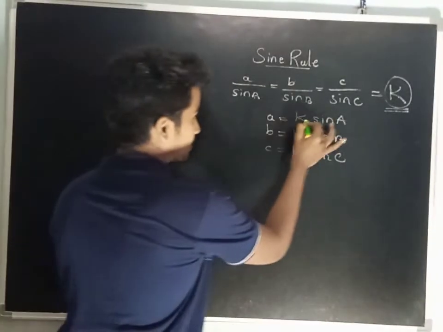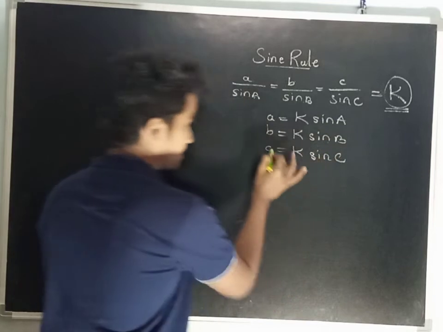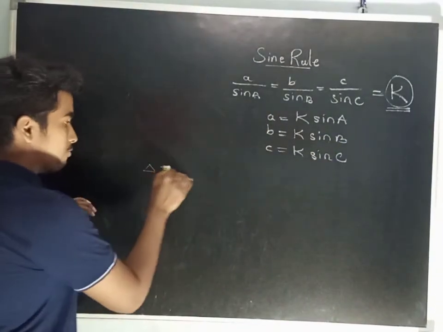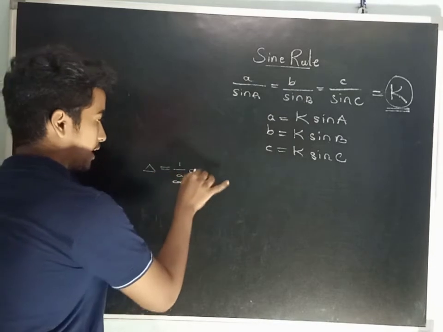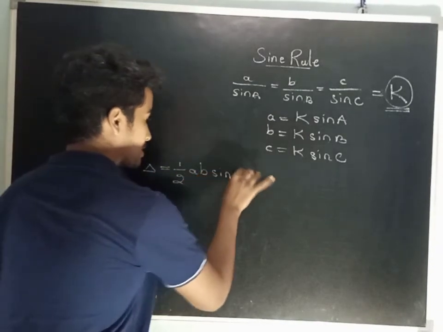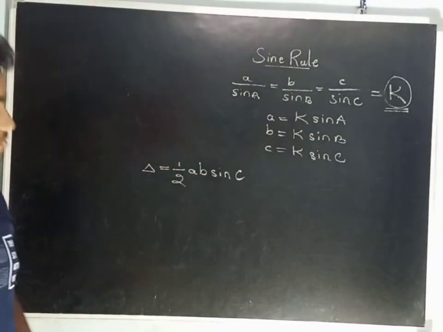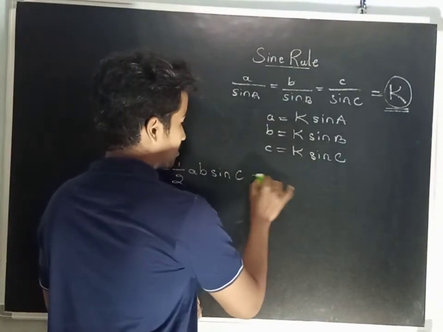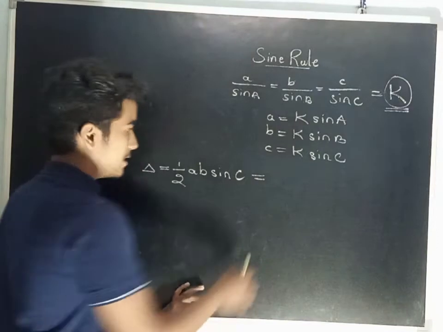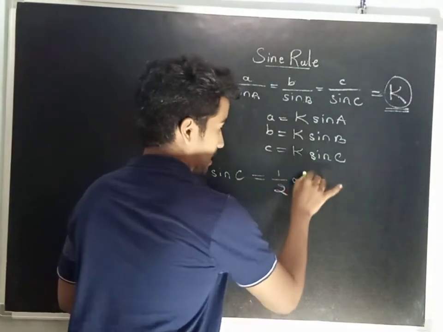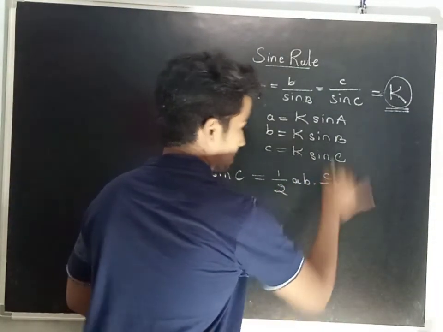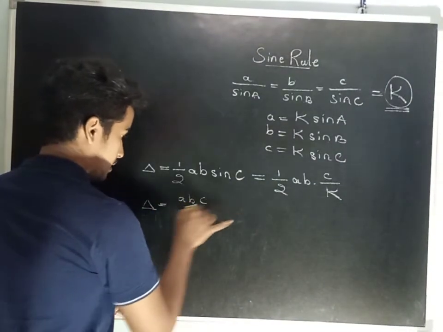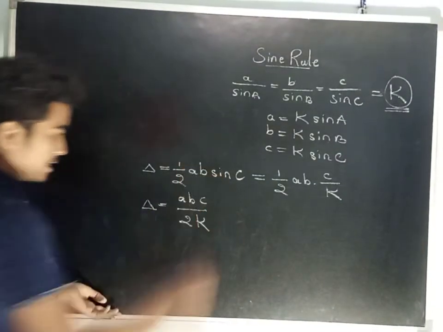a is nothing but k sin A, b is equal to k sin B, c is equal to k sin C. The area of a triangle is equal to half ab sin C. Sin C is nothing but c by k, so the area is half ab into c by k. Area of the triangle is equal to abc by 2k.